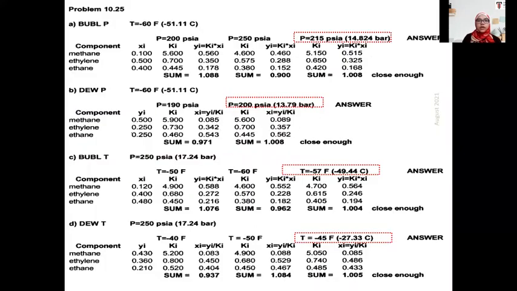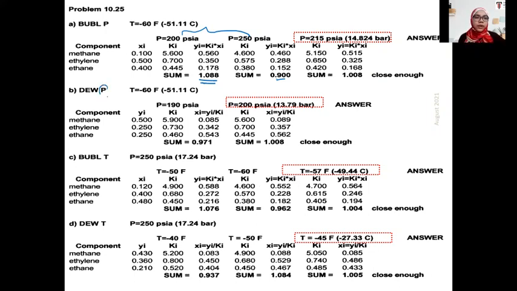So I start with 200 psi, and the summation is higher than 1, so I increase the pressure. Then I obtain a summation lower than 1, so you can play around within this range. I decided to proceed with 250, which gives us 1.008. It is close enough, so no need to perform another iteration.